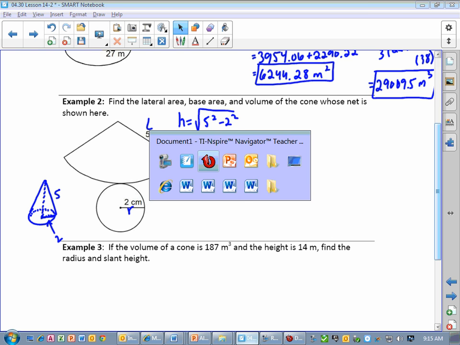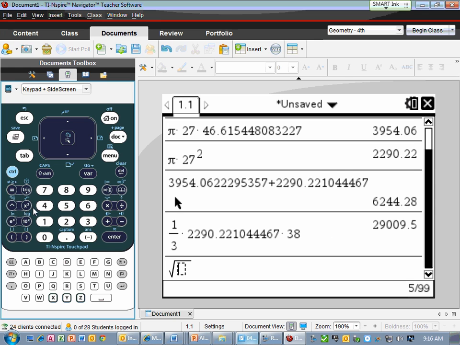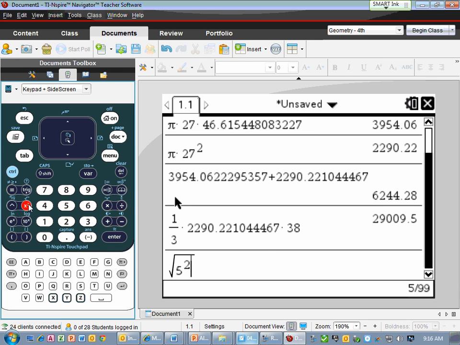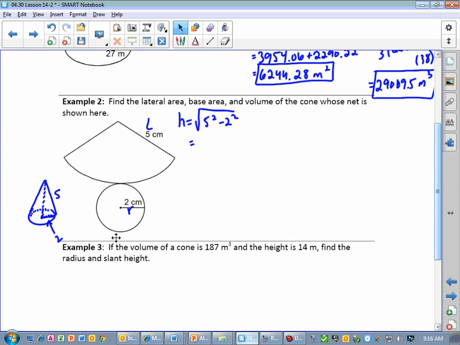I'm putting this in my calculator because I don't want to do that in my head. The square root of 5 squared minus 2 squared is 4.58.